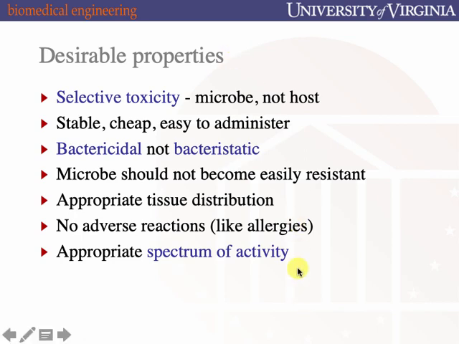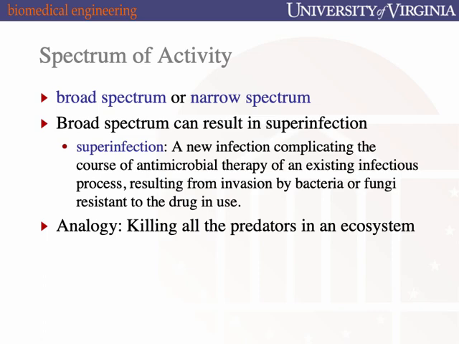The last thing to say a bit more about is this topic of activity spectrum. If one has an antimicrobial or antibiotic, what does it act upon? There are two overarching terms that are thrown around: narrow spectrum antibiotics versus broad spectrum antibiotics.